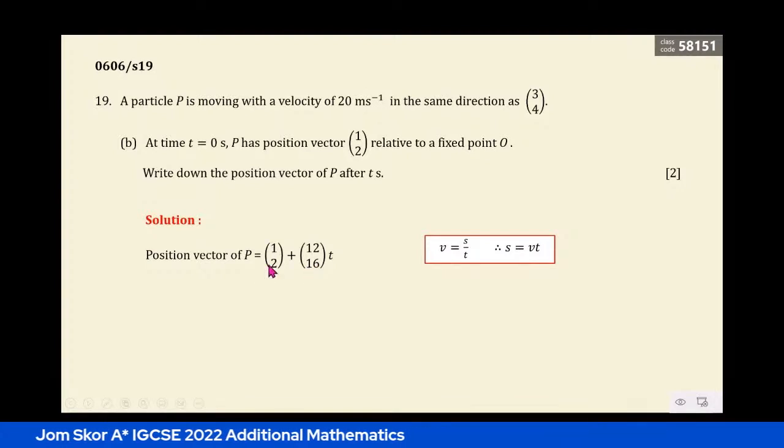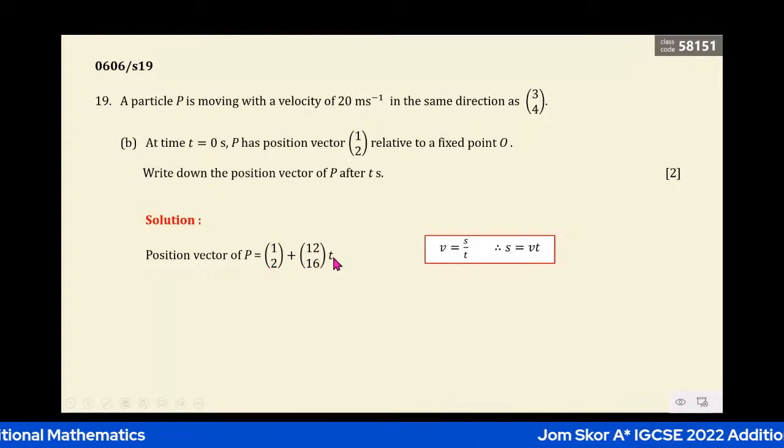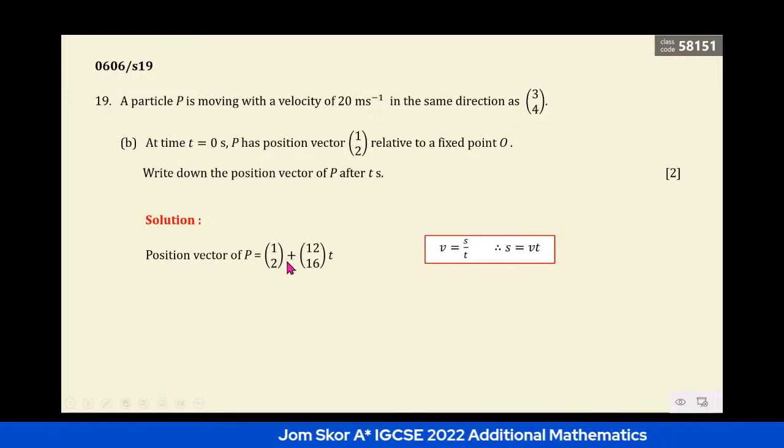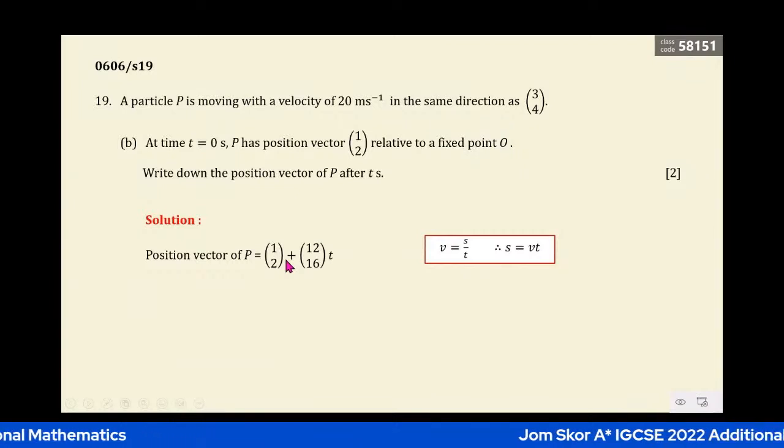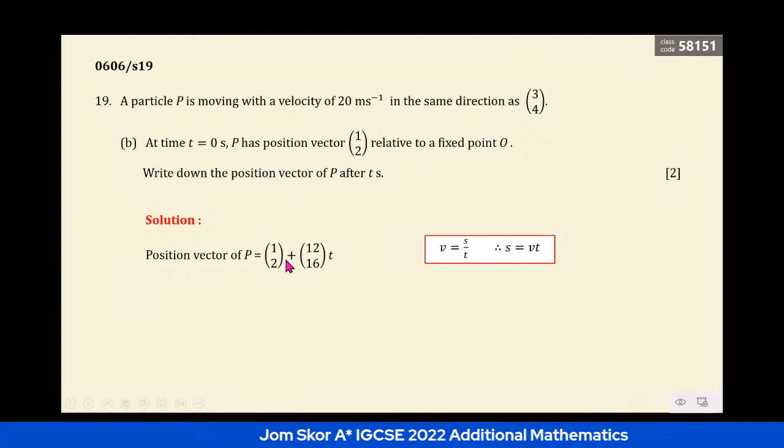Okay, so 1, 2 plus 12, 16 times T. So that is a position vector of P. Alright, so ini kena ingat. Position vector of P is an initial position plus dengan position after T second. Okay, so velocity multiply T tadi.